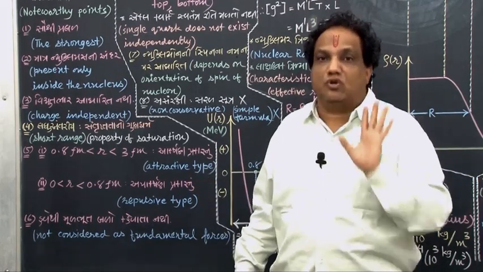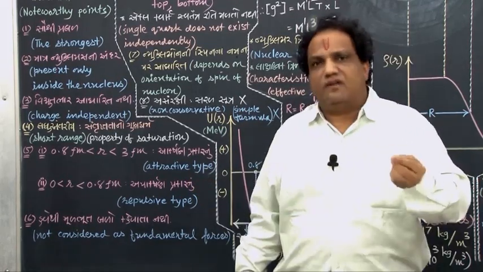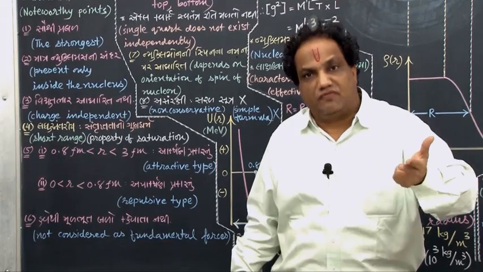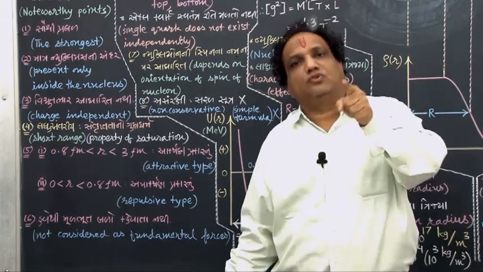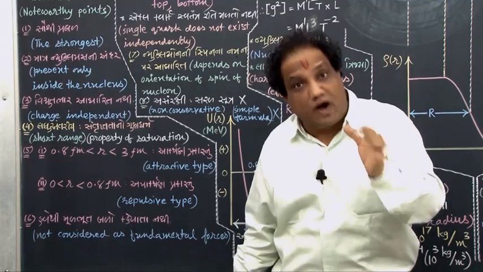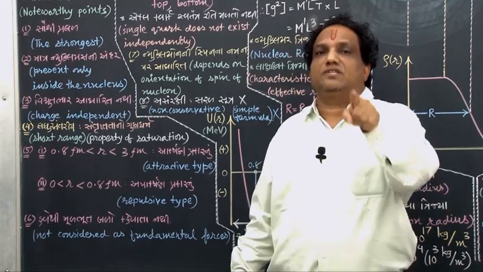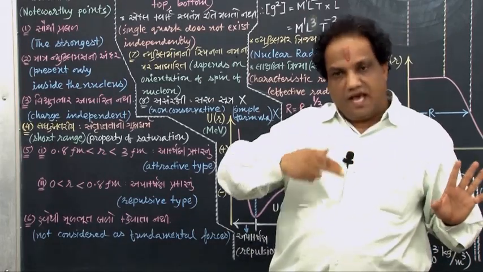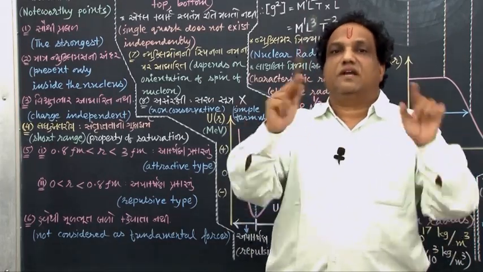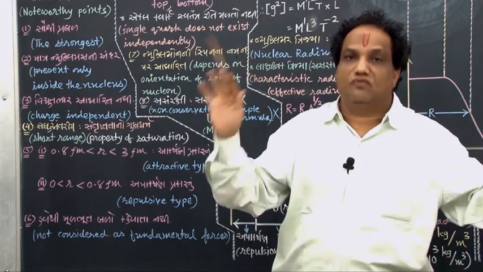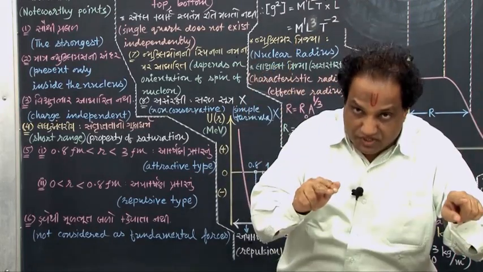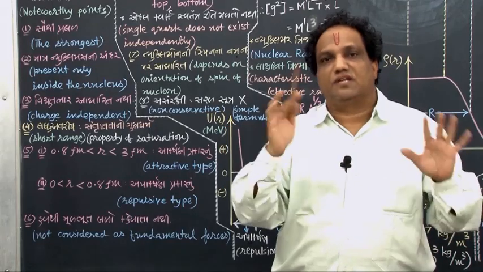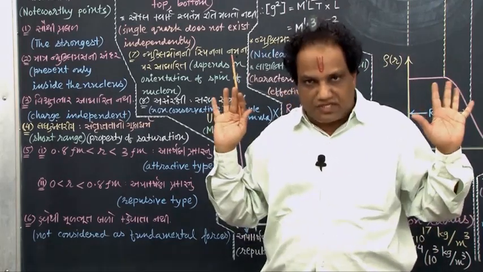Because neutron and proton are made up of quarks, whatever interaction forces there are between two nucleons are actually interaction forces between two quarks. So we regard these nuclear forces now as quark-quark forces, and such quark-quark forces are taken nowadays as fundamental forces.